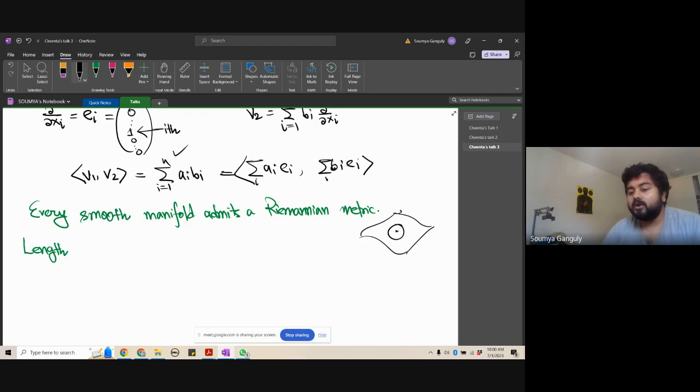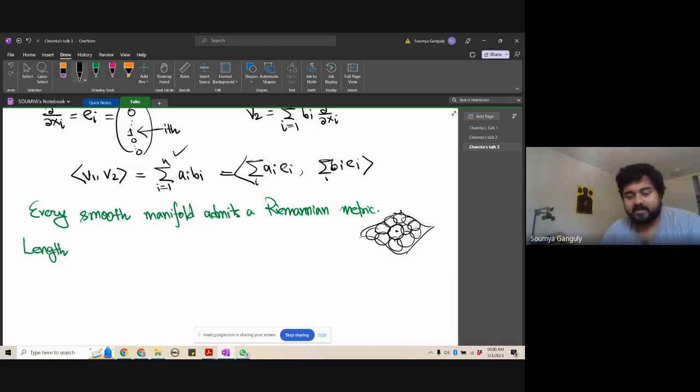What you do, you take this manifold and cover it with charts, and you take a partition of unity with respect to that cover. Then on each chart you take a pullback of the Euclidean metric, and you patch them together using the partition of unity. That's it.